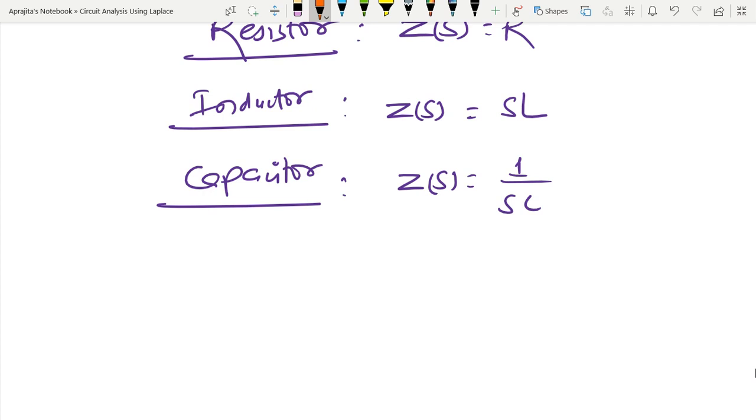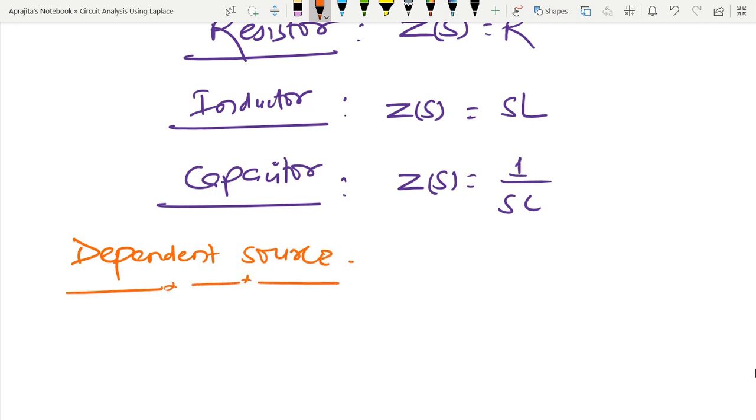We have already seen that in case of dependent sources I have four different combinations: current dependent voltage source, current dependent current source, voltage dependent voltage source, voltage dependent current source. And since the whole network is linear, we have two different kinds of things.